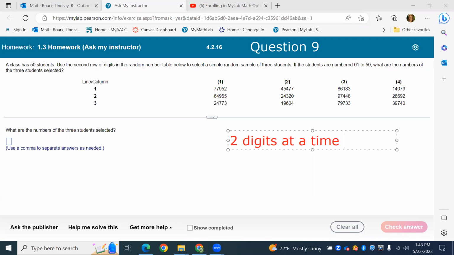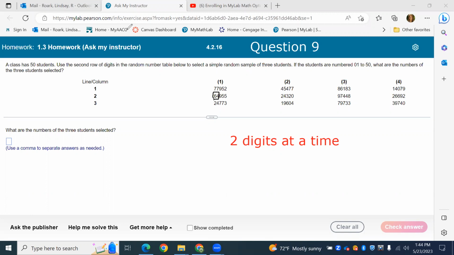But because it's from 1 to 50 and 50 has 2 digits, we have to look at 2 digits at a time. In theory, if it was 1 to 200, the biggest number has 3 digits, then we would need to look at 3 digits at a time. So since it's just 1 to 50, we need to look at 2 digits at a time, looking at the second row. So first off, the first 2 digits in row 2 are 64.